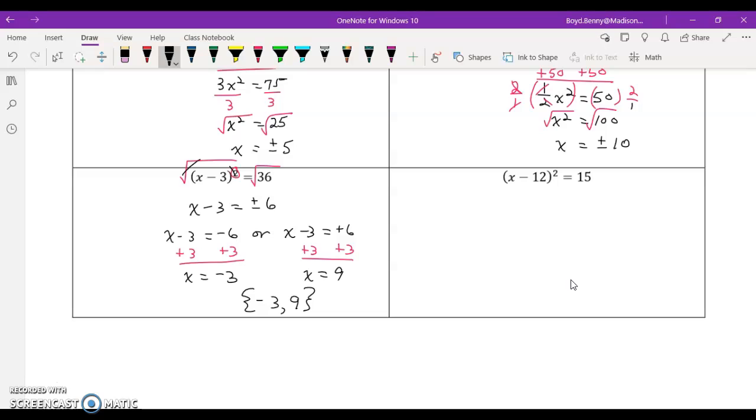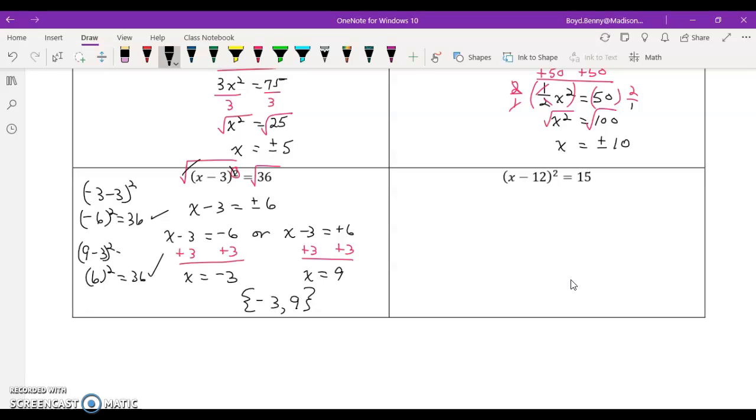Let's see, negative 3 minus 3 squared would actually be negative 6 squared, which is in fact 36. And if we check our second solution, 9 minus 3 squared is 9 minus 3 is 6 squared, and that also equals 36. So we see that both of these numbers actually make this true.